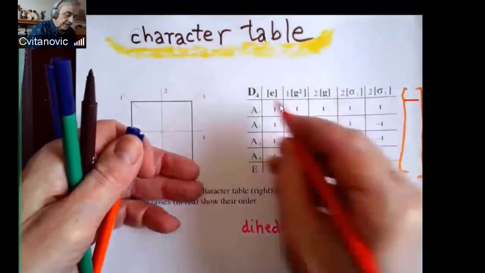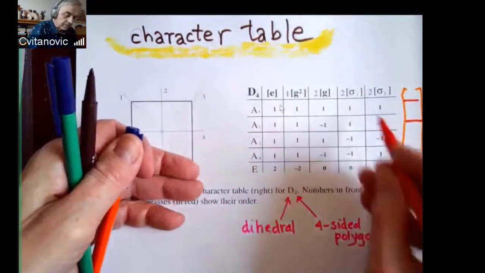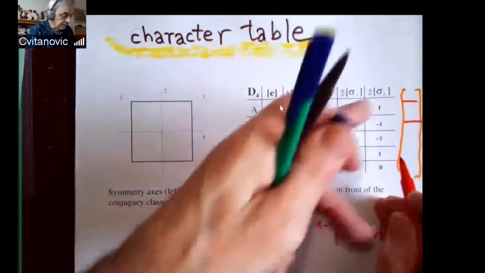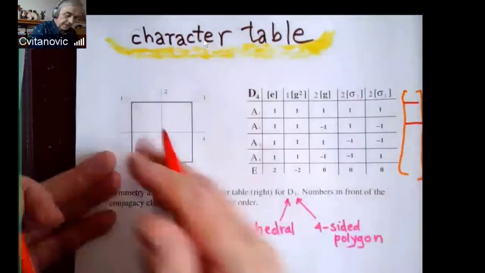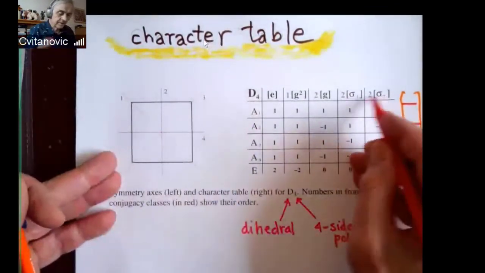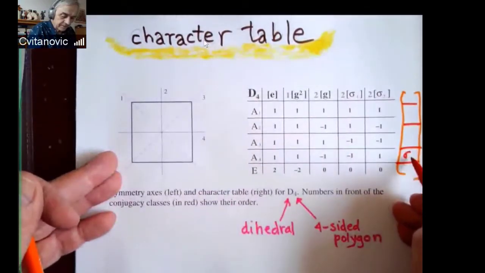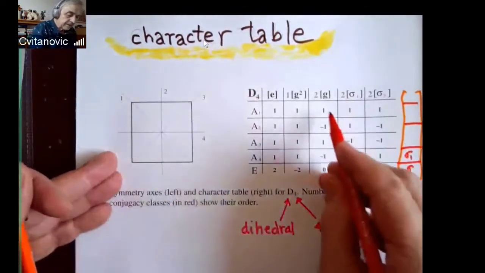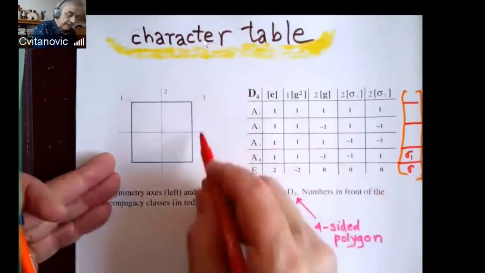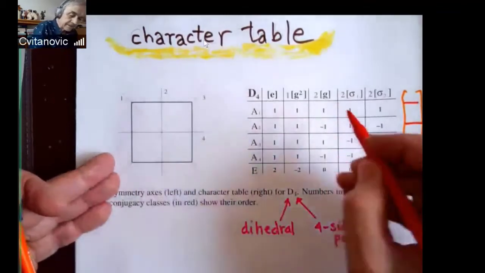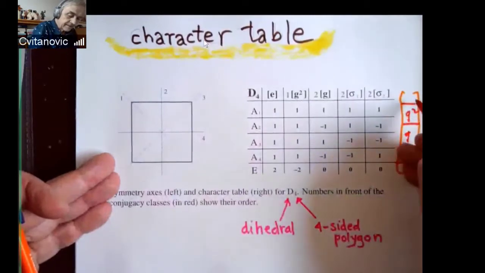So do nothing is this guy. Then there are the ones that do something. There are two kinds of do something. You can flip along the long diagonal. There are two kinds of flips, which are these sigma 1s and sigma 2s, two diagonals. And there are two kinds of rotations. You can rotate by 90 degrees and by 180 degrees, and they're different.